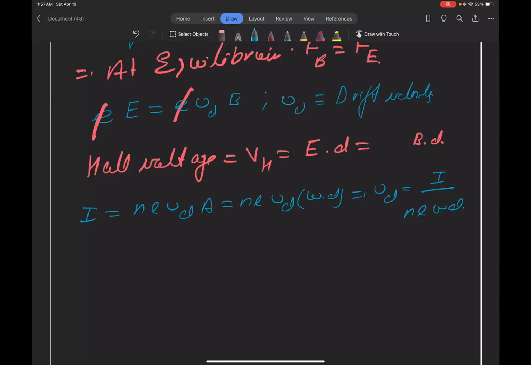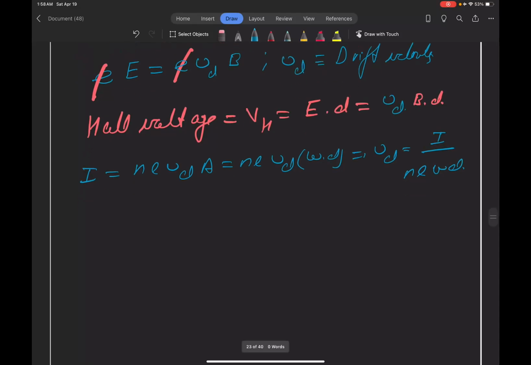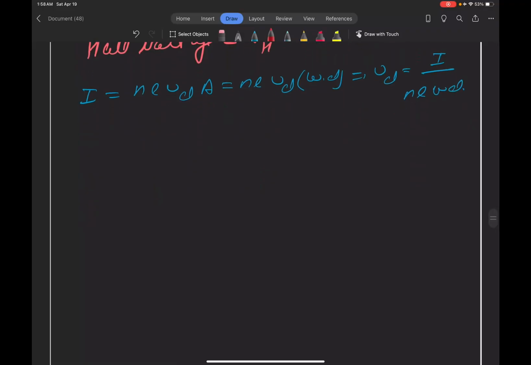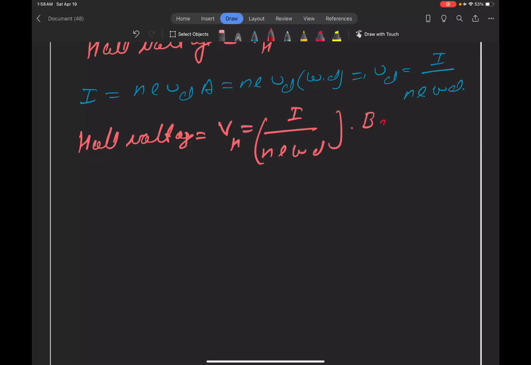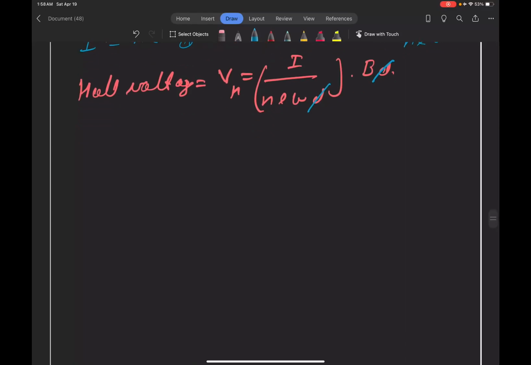So therefore we get the Hall voltage VH. We can write this as I by n e W d, multiplied by the magnetic field and d. Here d and d go away, and we can write here that our Hall voltage is proportional to the magnetic field and n.